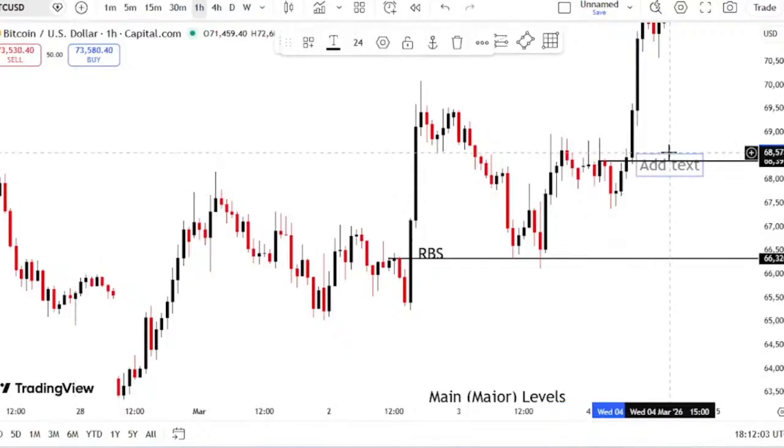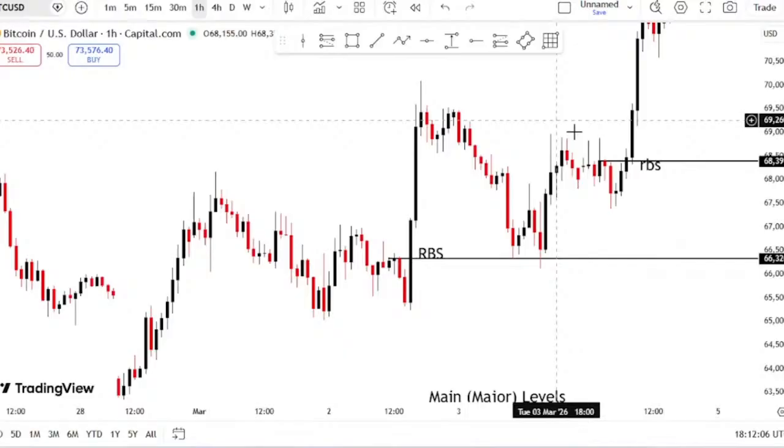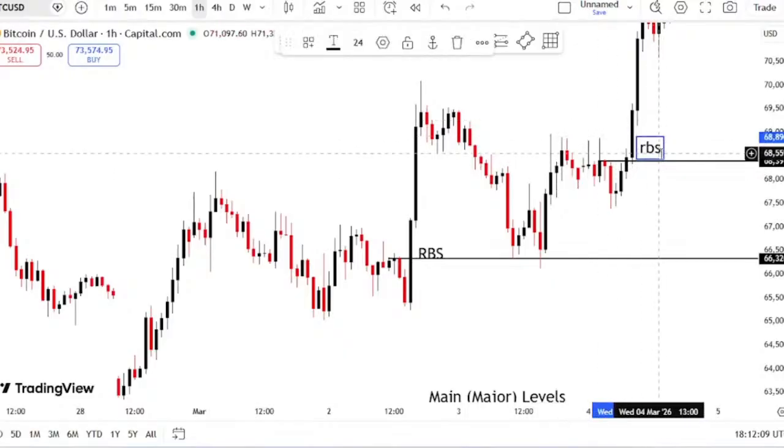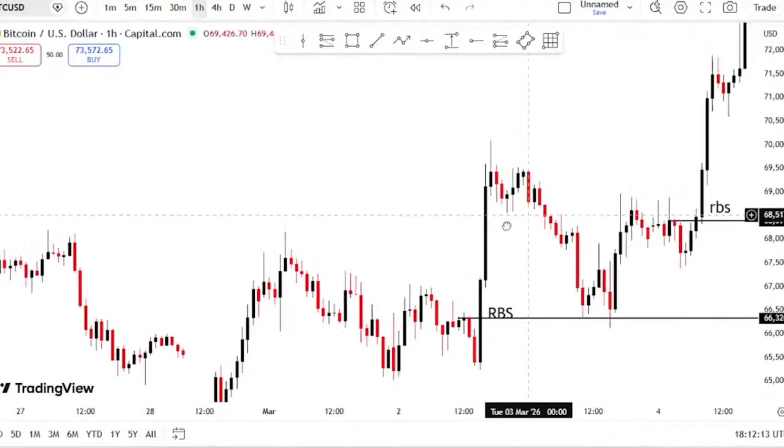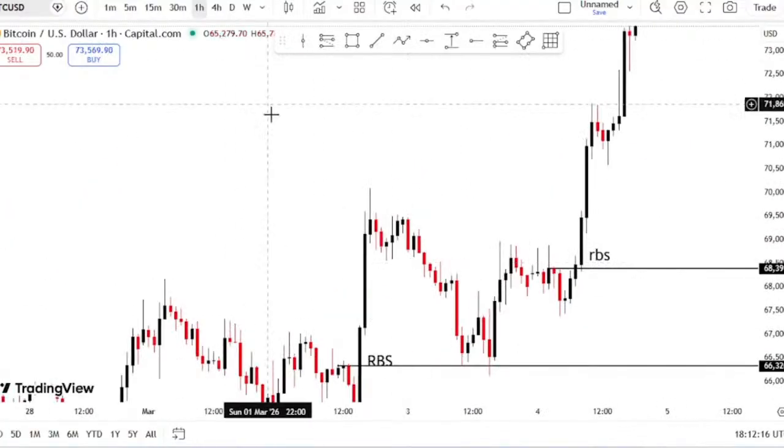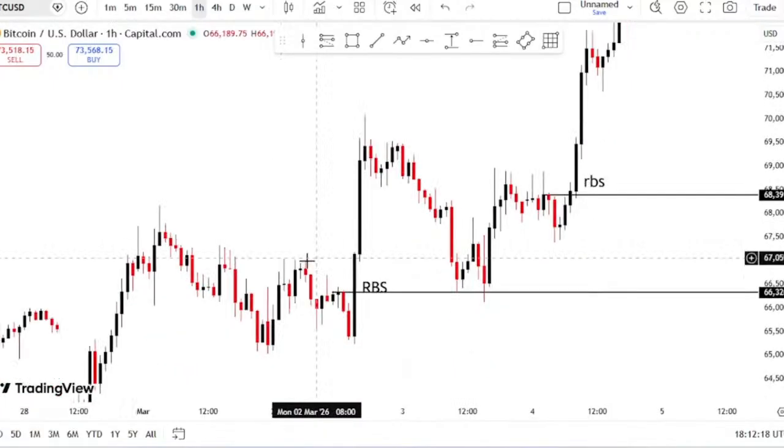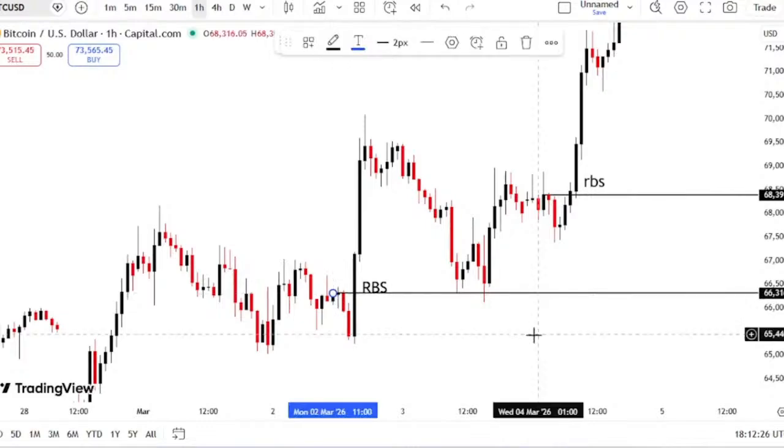The level becomes RBS. Yes, resistance becomes support. So we have it everywhere. You go everywhere. This is H1, H4, daily. You have all of this now, and so this is RBS.